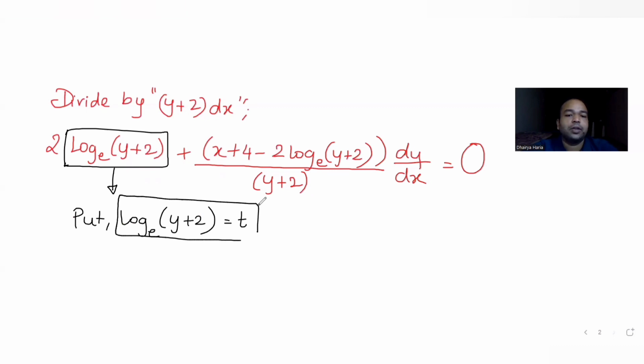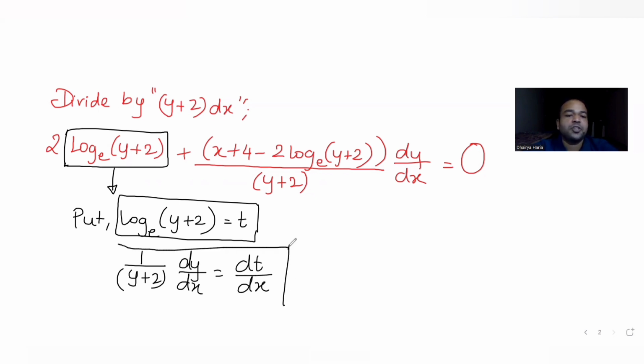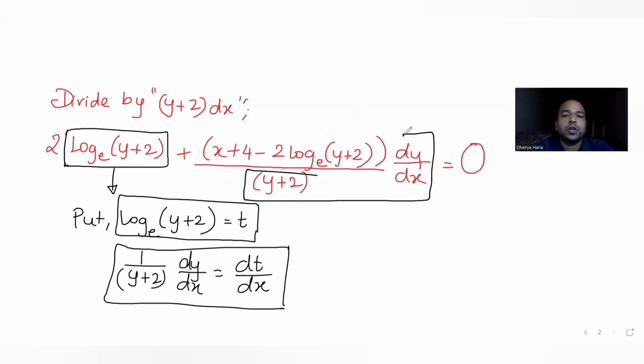So I get 1 upon (y + 2) into the derivative of (y + 2), which is dy/dx, equal to dt/dx. I'm differentiating with respect to x, so you get dy/dx and dt/dx here.